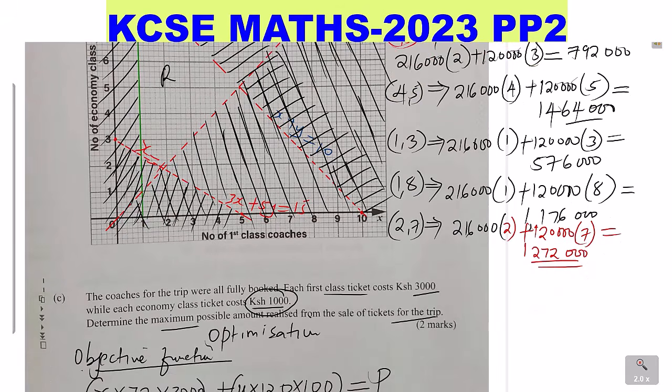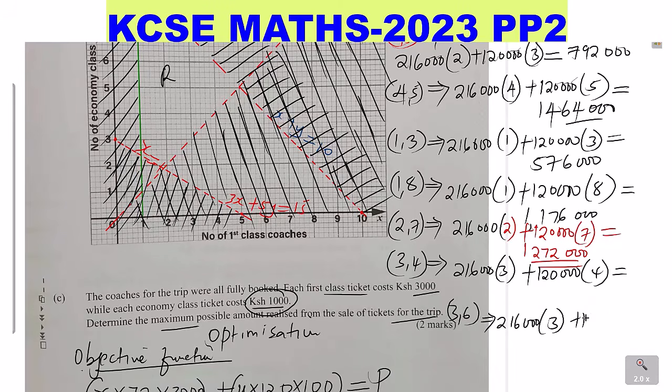We can pick points here: (3, 4) and (3, 6). For (3, 4), we have 216,000 times 3 plus 120,000 times 4, which will give 1,128,000.